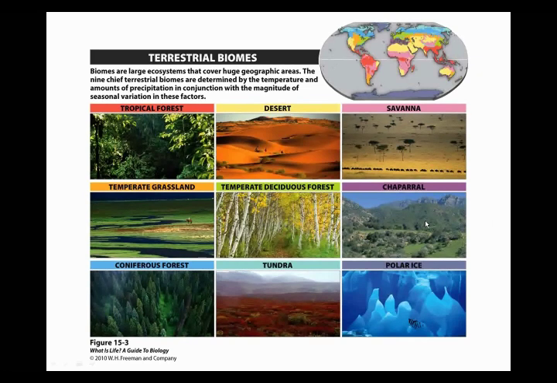Chaparral is going to be classified by a lot of mountainous regions, a medium amount of precipitation, a medium amount of temperature. And then coniferous forests are going to have trees that make pine cones. So a coniferous forest has lots of evergreen trees that are producing pine cones.